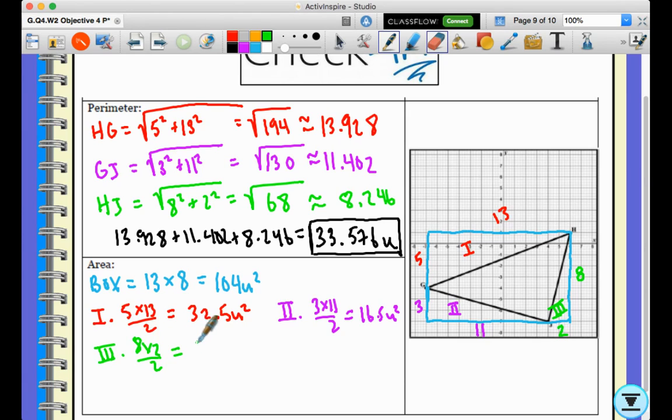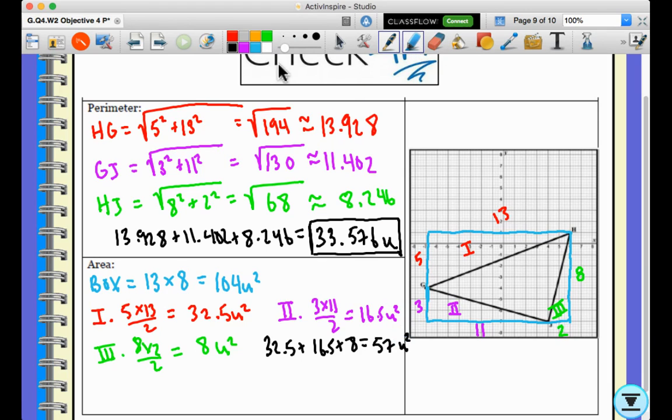So that's going to give me just 8, right? Those 2's will cancel. So if you recall, I'm then going to add them, right? So 32.5 plus 16.5 plus 8 gives me a total of 57 units squared.